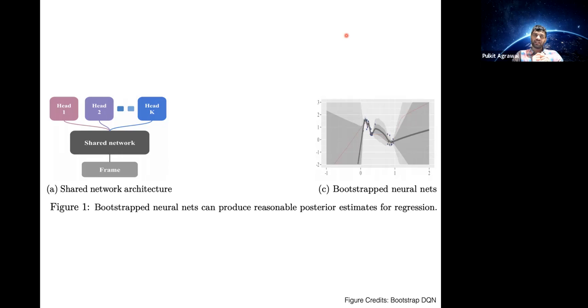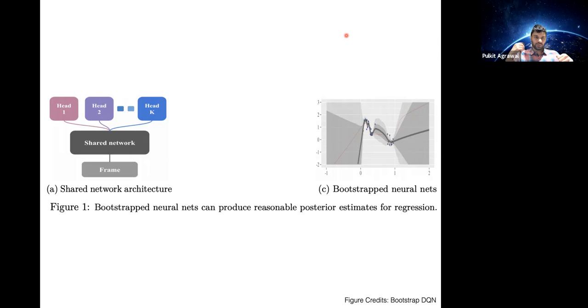Well, there are two kinds of uncertainties. One is the uncertainty of your model, and the other is the noise in your data. Typically, practically the way you implement it is you have the entire data set, you sample K different batches from the same data set, and then you feed each batch to each head.